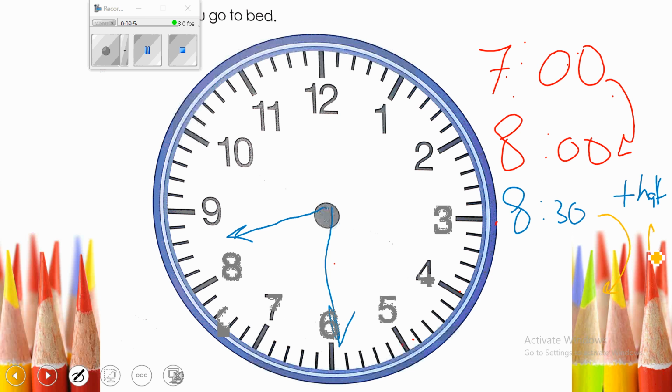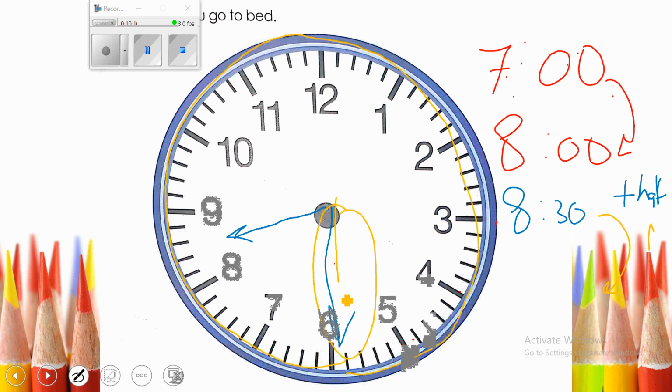1 hour. So when I want to add 1 hour, I bring first the minutes hand and I will move it a full round. This is a half, and this is a half.